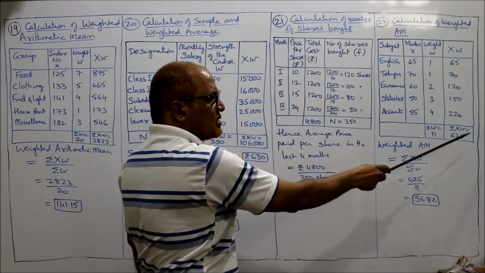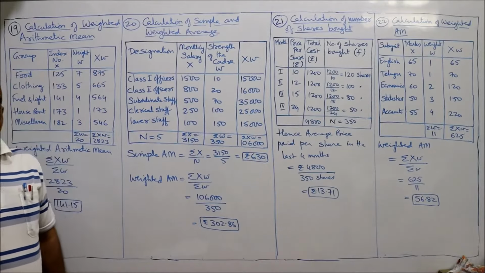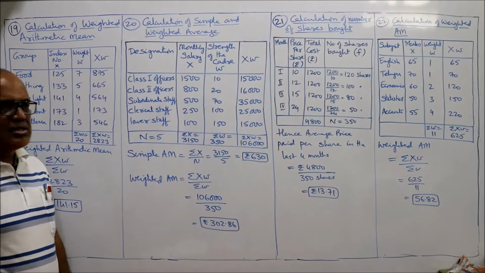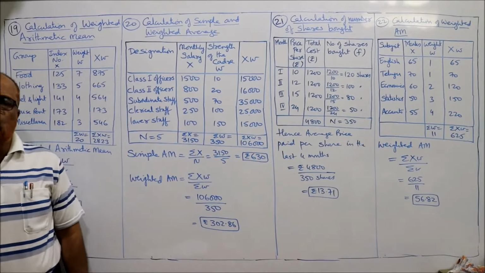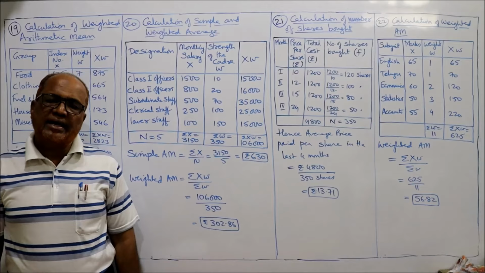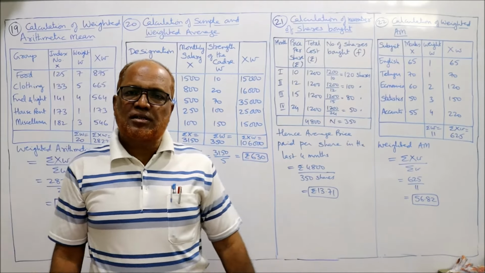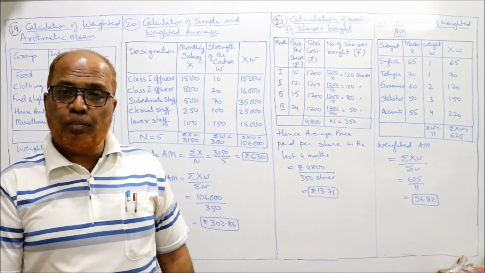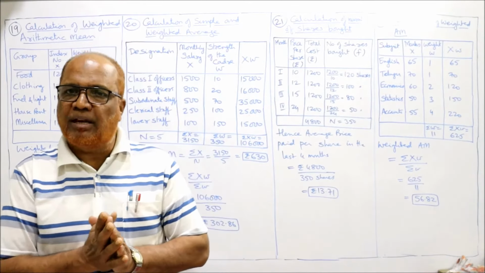The total of XW is 625. Summation XW 625 divided by summation W 11. 625 divided by 11, you will get 56.82. This is the weighted arithmetic mean. So students, we have completed 22 problems. Hope you got a good command on the calculative part of arithmetic mean.